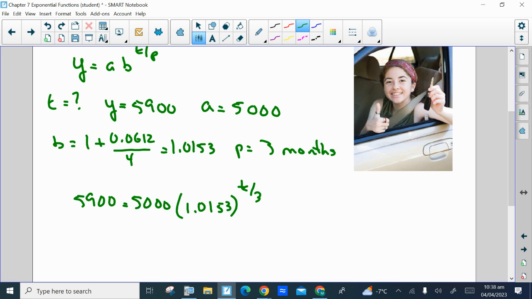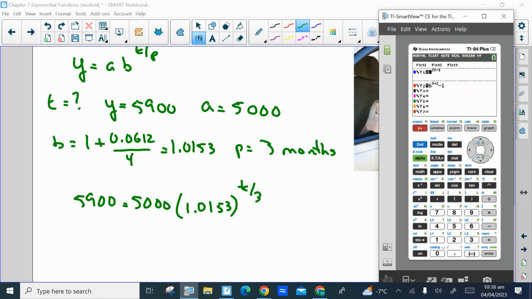We are going to have to use our graphing calculator. Once again, when we look at logarithms in Chapter 8, we will be able to do this algebraically. Now, if you wanted, you could simplify a little bit by dividing both sides by the 5,000, but you don't even have to do that. We can just put the equations into our calculator.